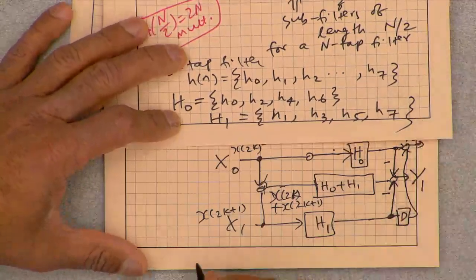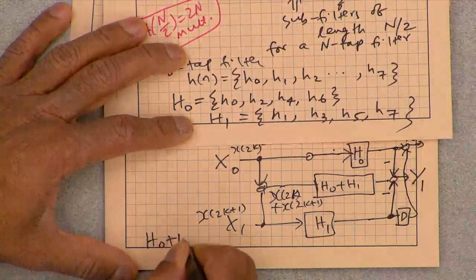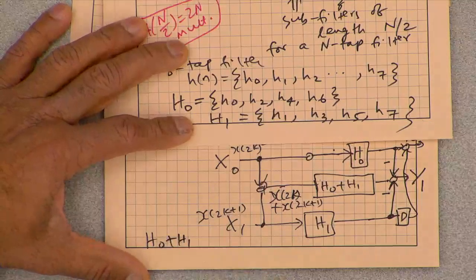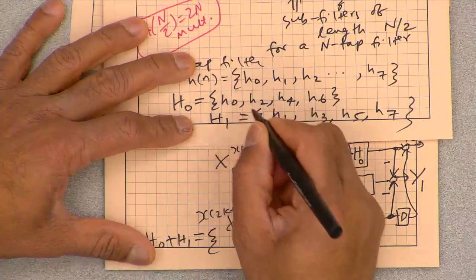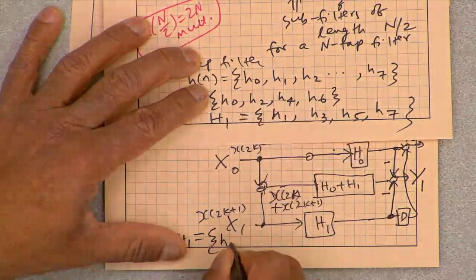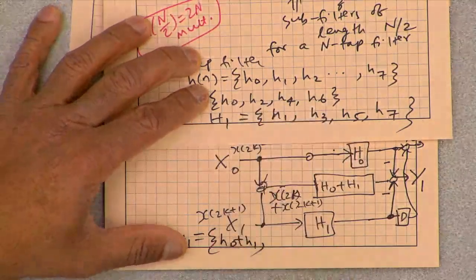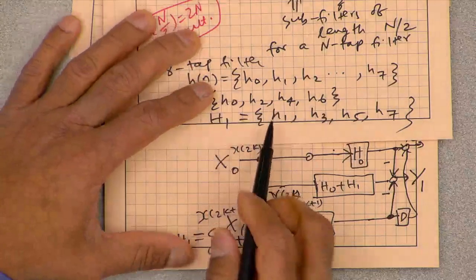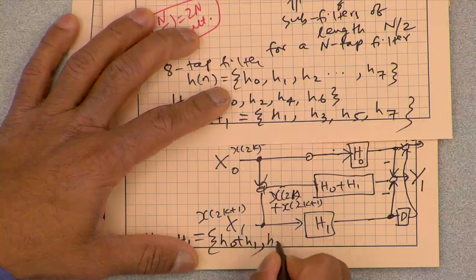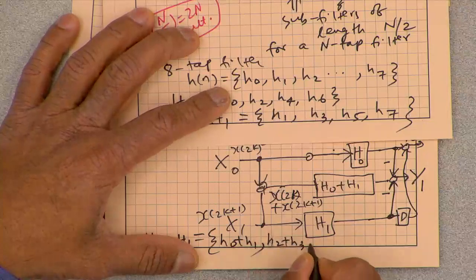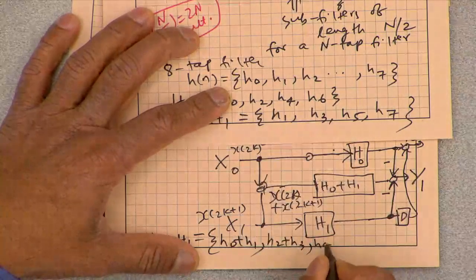So h0 plus h1 will be the even plus odd subfilter: the first coefficient of the even plus the first coefficient of the odd, then second, h2 plus h3, and then h4 plus h5.